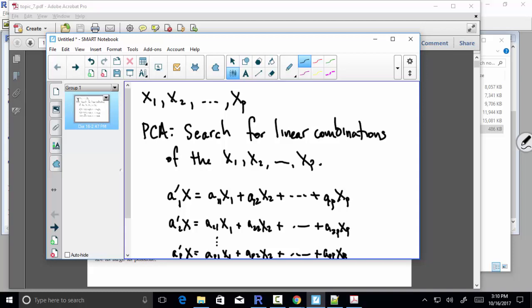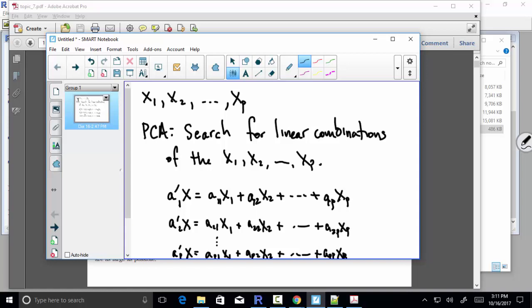That might sound counterintuitive because the way I motivated this was to take p variables and force them into a smaller number. What Principal Components does is find in a specific way p linear combinations of the variables.